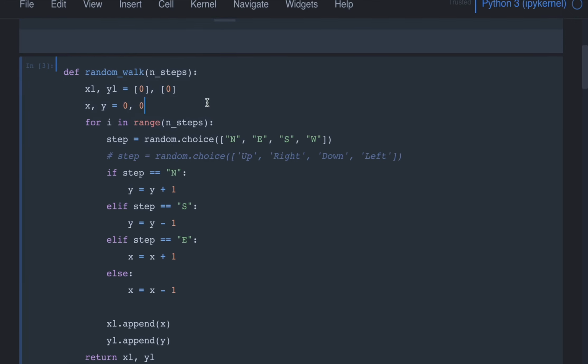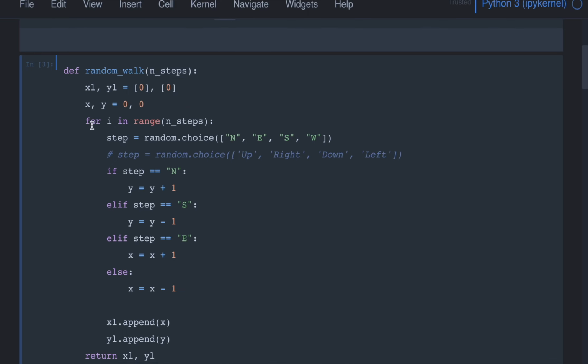Okay. So the function simply takes how many number of steps, and we are assuming the person always starts at the coordinate 0, 0. Okay. And here we are looping n number of steps, right? And these ones, X list and Y list, we are going to track the person movement so that we can visualize at the end of the simulation, right?